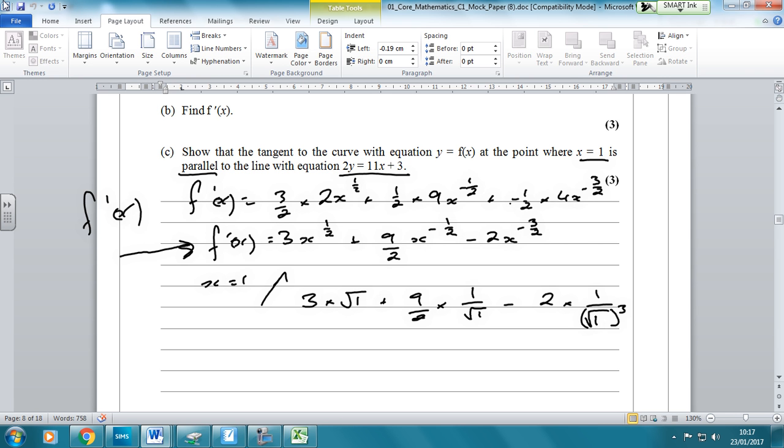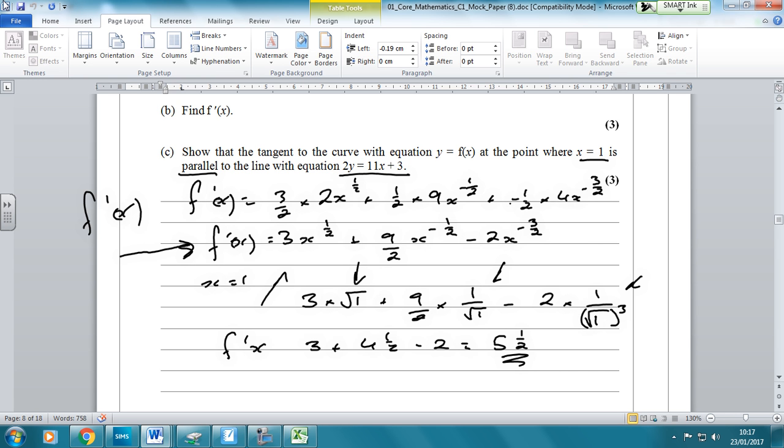Now the square root of 1 is always going to be 1, and 1 cubed is always going to be 1. So these things just cancel down to 1 each time. So we're going to have 3 plus 9 over 2, so that's 4.5. Take away 2, and if we do that, that's going to be 5.5.